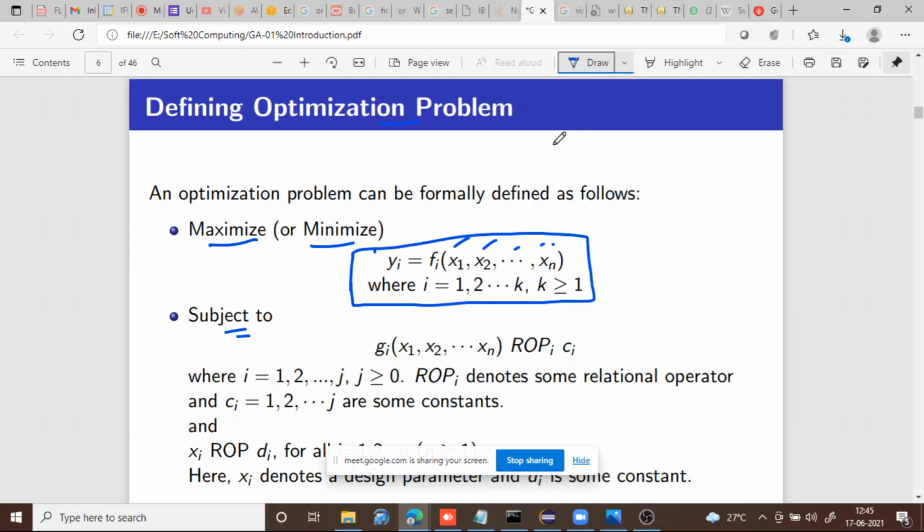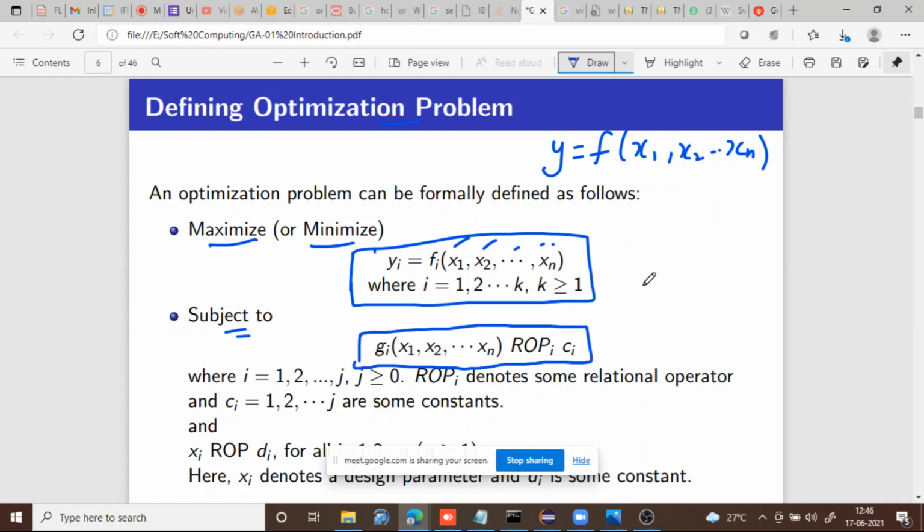Any optimization problem will have a function of this form: y is equal to f of x1, x2, so on up to xn. Apart from this function, it will also have some set of constraints. Again, these constraints can also be given through a function. How many constraints there will be, and on how many parameters, all this we don't know.